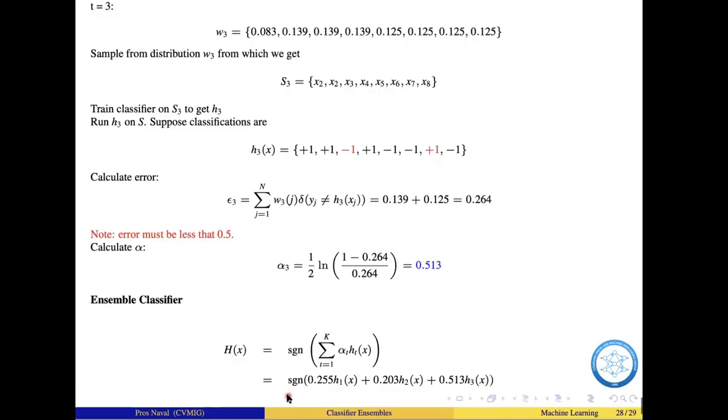If it is positive, then it's positive. Each of H1, H2, H3, and so on will produce an output that's either 0 or 1. Then you just add them up and check the sign of the result. That's the classification of your ensemble classifier. So it's really very simple. You can even do it by hand.